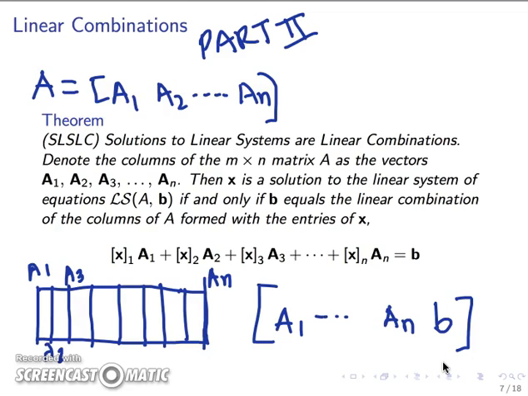But the other thing to note is that this theorem establishes the solution of this linear system. The solution we find by row reducing this matrix is in fact a linear combination.